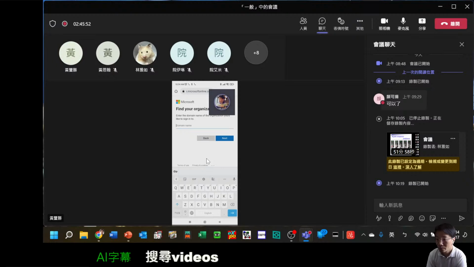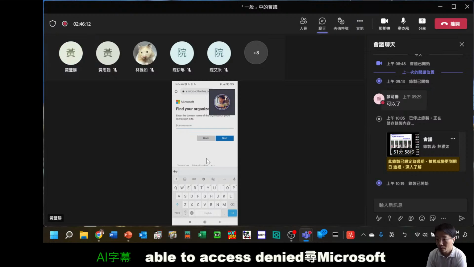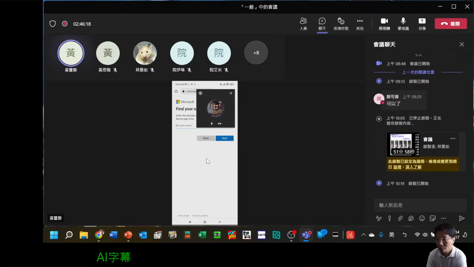Because the computer will register your organization such as CYCU, but if you use your cell phone, it will register your personal account. So therefore, you cannot access the organization Microsoft Forms. Oh, I see. So can you try that with your computer, not in your cell phone? Sure. Let me try using my laptop.